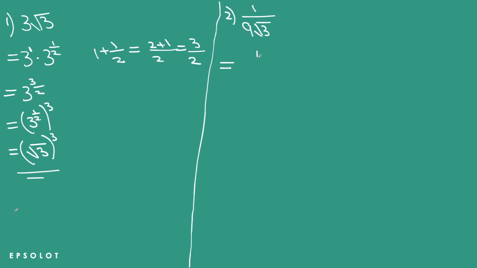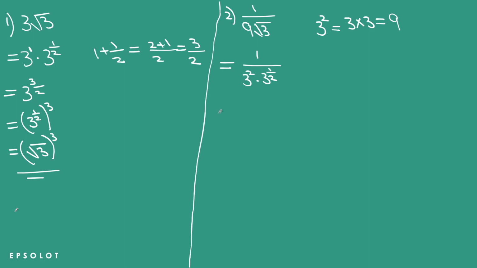So we'll just write 1 divided by. Now a 9 can be rewritten as 3 times 3, can't it? Because 3 times 3 is 9. And then 3 times 3 can be rewritten as 3 to the power of 2. So we can rewrite this as 3 to the power of 2, multiplied by, just like before, 3 to the power of a half.